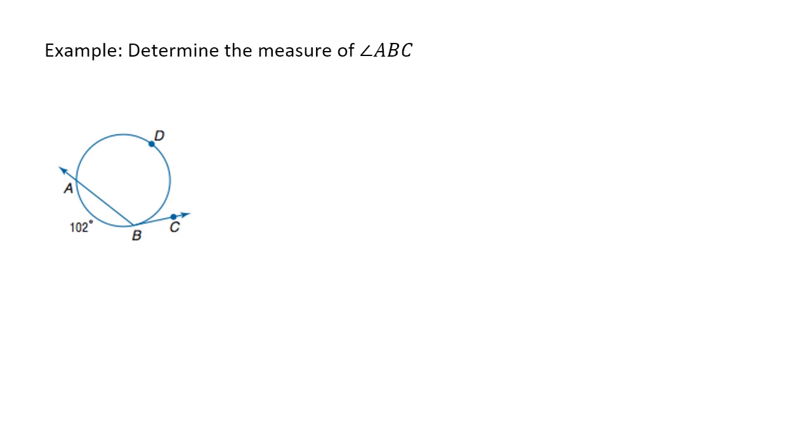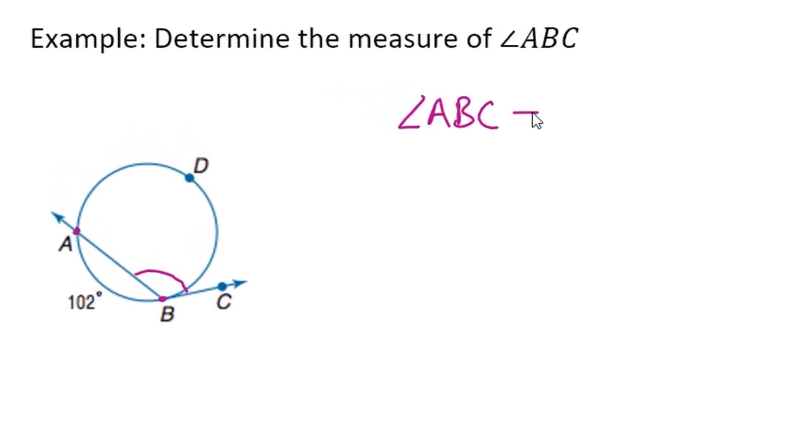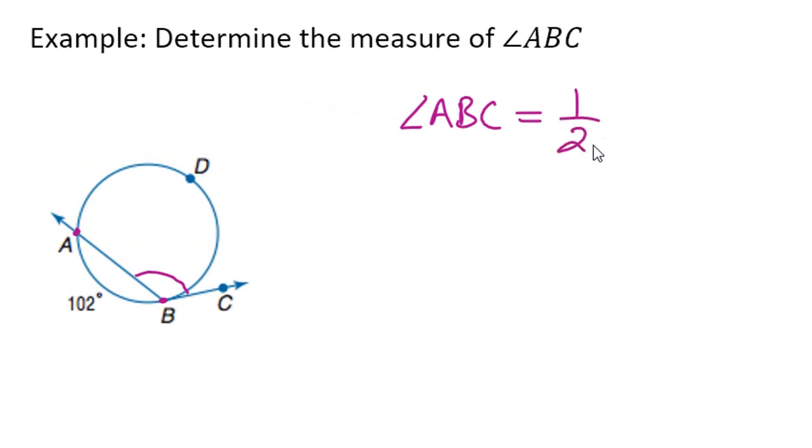Here's an example. We have to determine the measure of angle ABC. Angle ABC is there. Because we have a secant line, a line that intersects the circle at exactly 2 points, and then we have a line that appears to be tangent, we're going to apply the theorem that says that the angle formed, in this case angle ABC, should be equal to half the measure of the arc it intercepts.